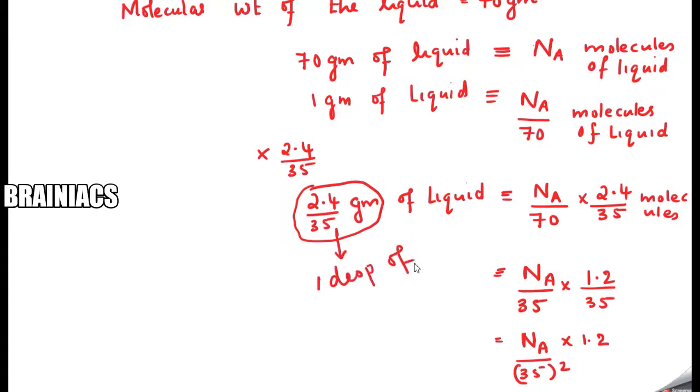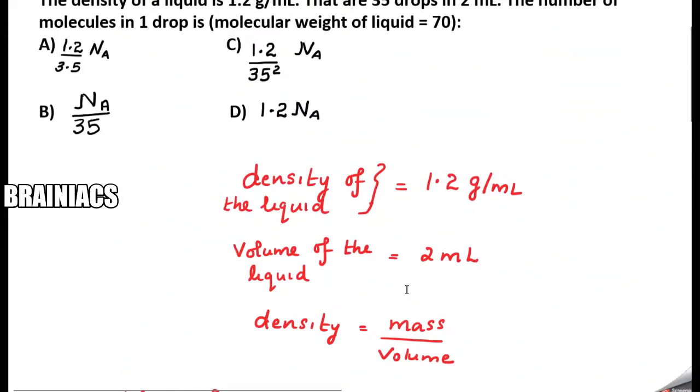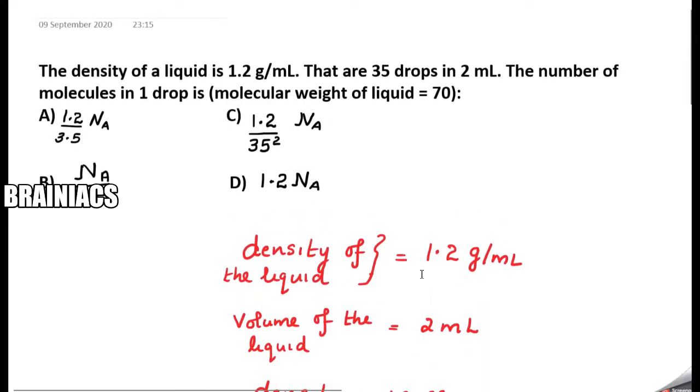So one drop of liquid has a mass of 2.4 by 35 gram and it has Na by 35 square into 1.2 molecules. So this is how we need to do it. We look for that option, Na by 35 square into 1.2. So option C will be the correct answer.